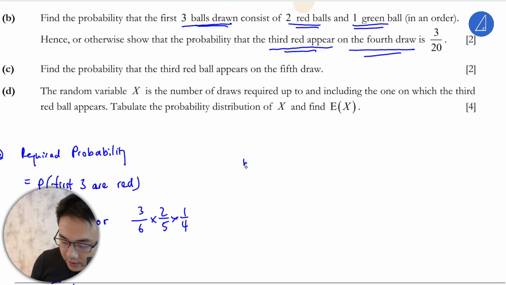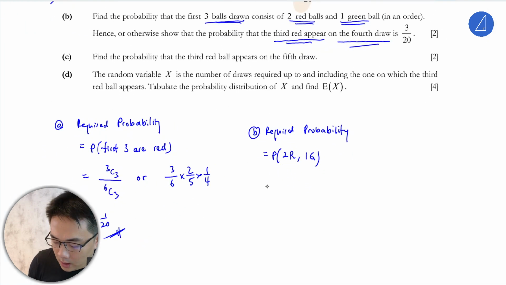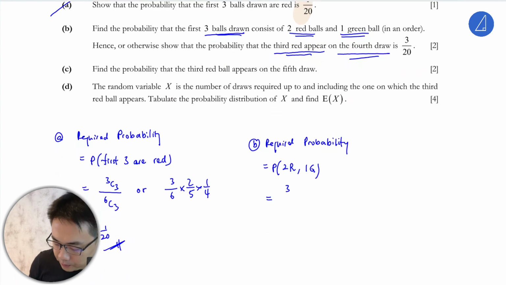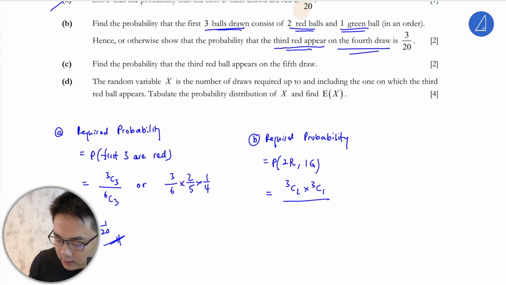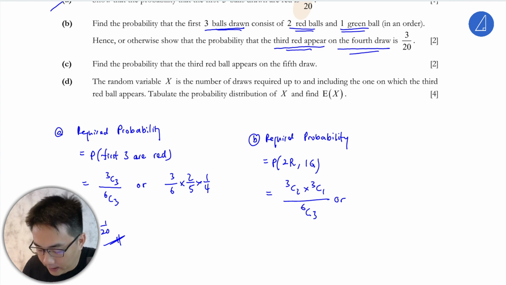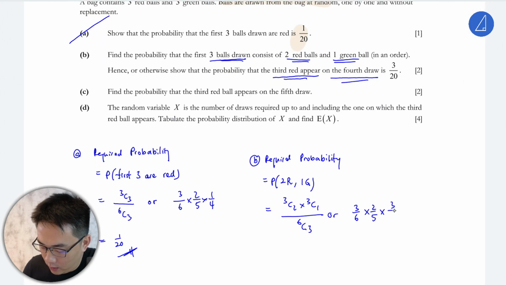So B, we find the probability the first 3 balls drawn consist of 2 red and 1 green. Similarly, out of the 3 red choose 2, times out of the 3 green choose 1, over 6 choose 3. Or if you want to use the classical method you learn in secondary school, that would be 3 over 6 multiplied by 2 over 5 multiplied by green, which is 3 over 4.